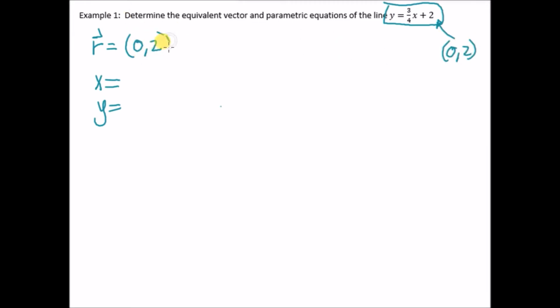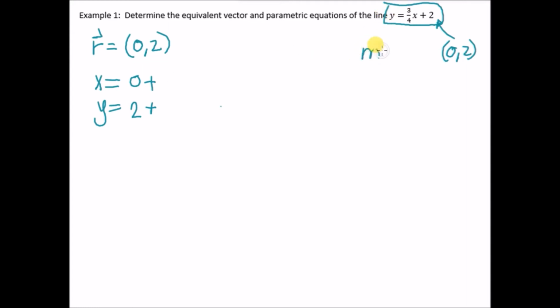Example 1. Determine the equivalent vector and parametric equations of this line. When we think of the vector equation, we need a point first. We already have a point: we know that this is the y-intercept, so the y-intercept is 0, 2. Let's plug that in for the line, and we can start plugging that in for the parametric equations as well.